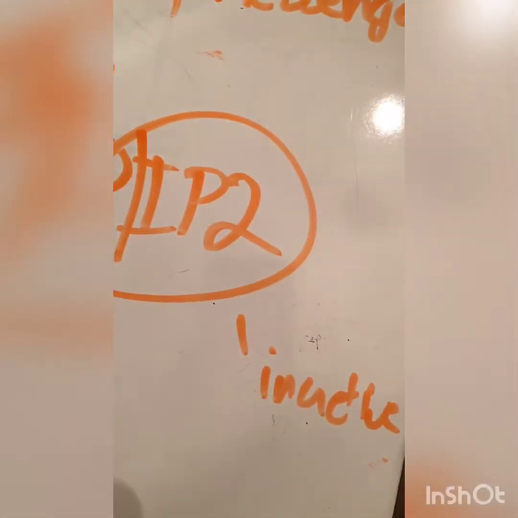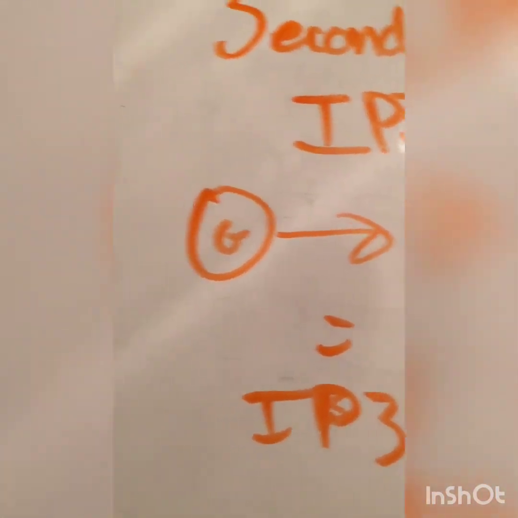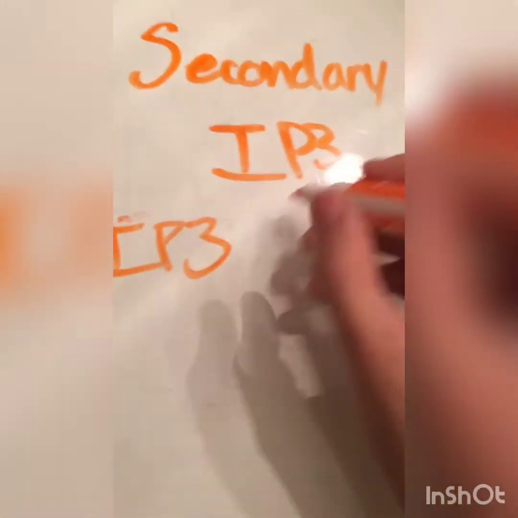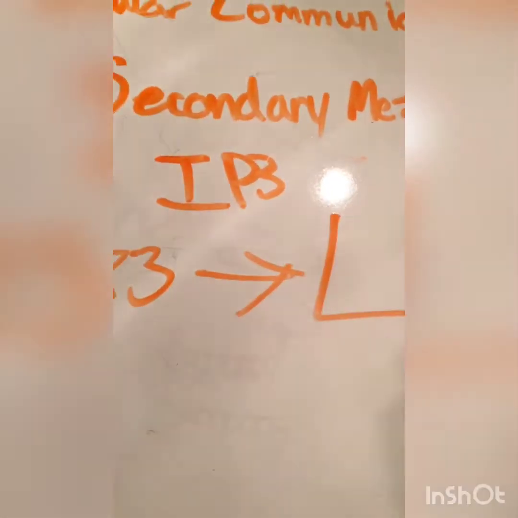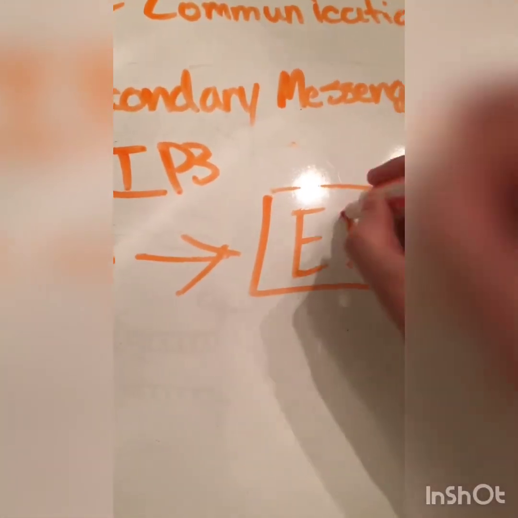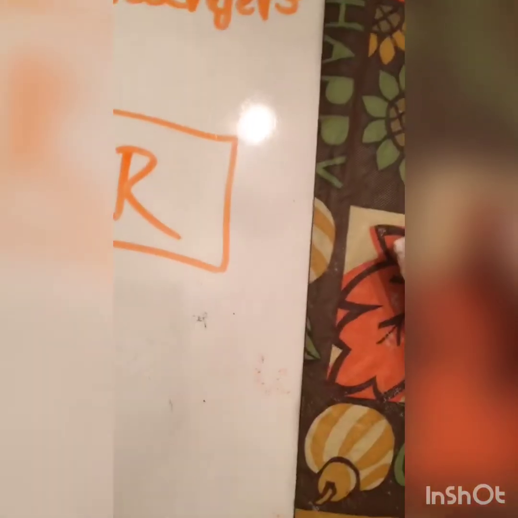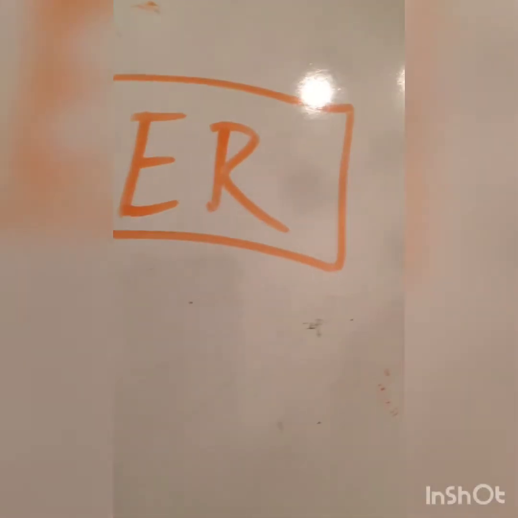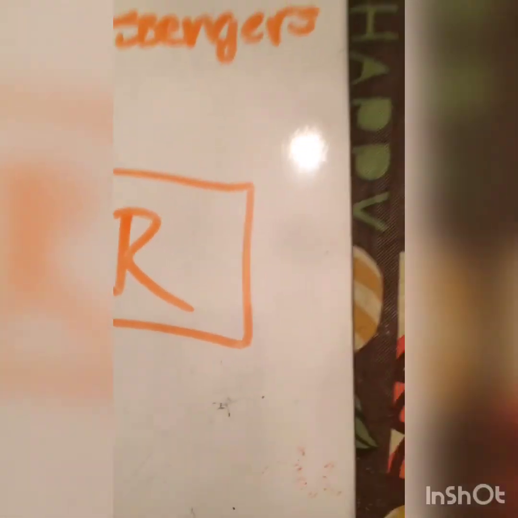Once this happens, the IP3 will travel to the endoplasmic reticulum. The endoplasmic reticulum is like a storage place for certain ions such as calcium.